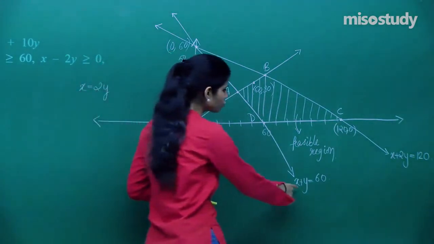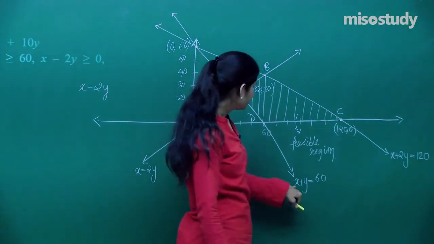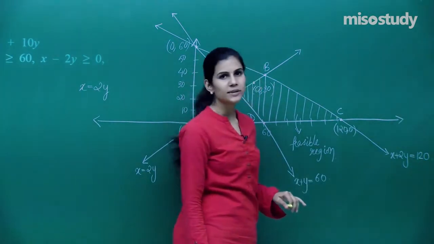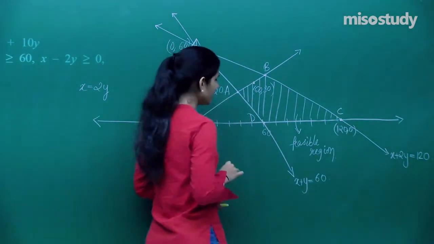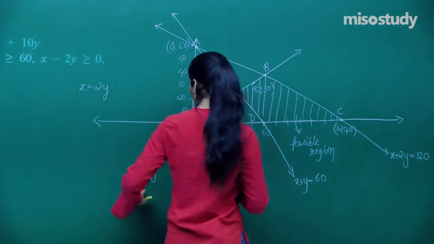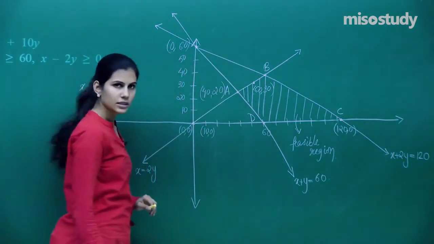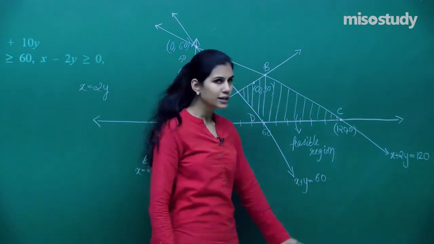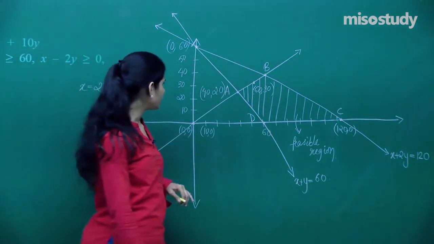In place of x put 2y. 2y plus y is 3y. 3y equals 60, that means y is 20. And x was 2y, so 2 into 20 is 40. If y is 20, x is 40.